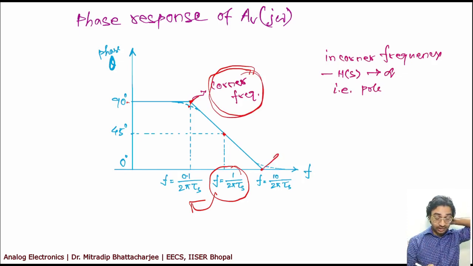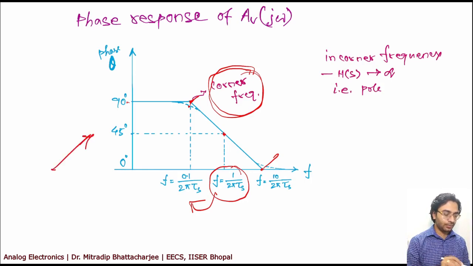At the corner frequency, your transfer function tends to infinity, which indicates it is a pole. Generally, if you have a pole, your transfer function tends to infinity, right? So this is just a generalized idea of how phase response changes with frequency.